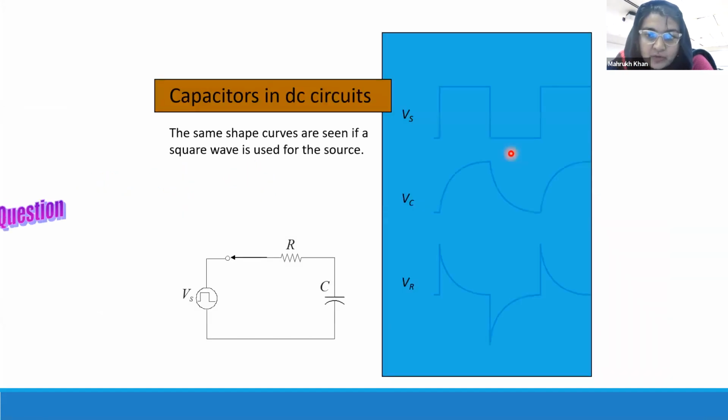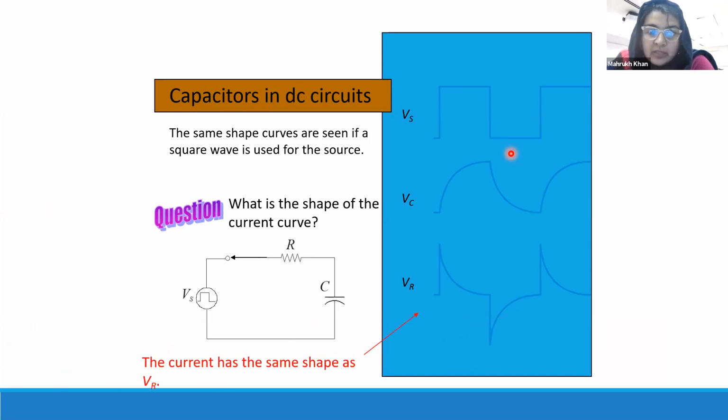I am just going through again what we are expecting in the current and voltages. If you have the square wave input, you see that your voltage across the capacitor increases exponentially and decreases exponentially, and your voltage across the resistor decreases exponentially, which is the same curve as your current, because your current also starts decreasing exponentially as your voltage starts increasing.